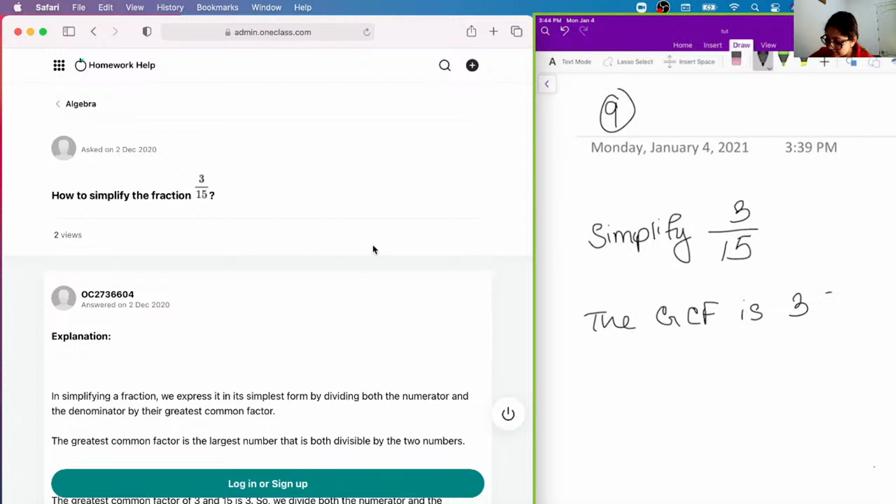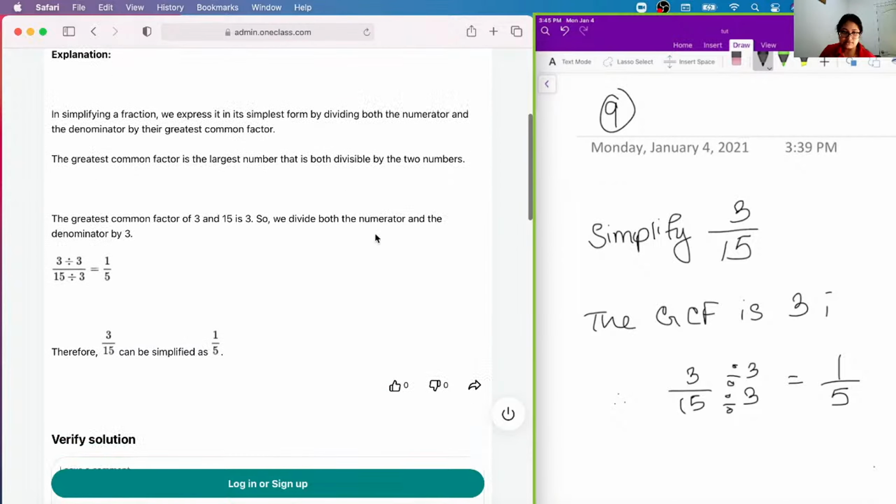So in this case, you have 3 over 15, and you divide the numerator by 3 and the denominator by 3. What you have left is 1 over 5, and this is your final answer since you can't simplify this even more.